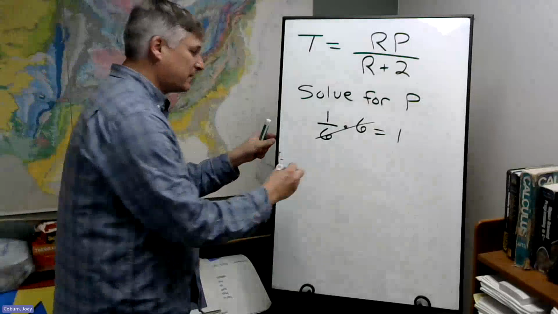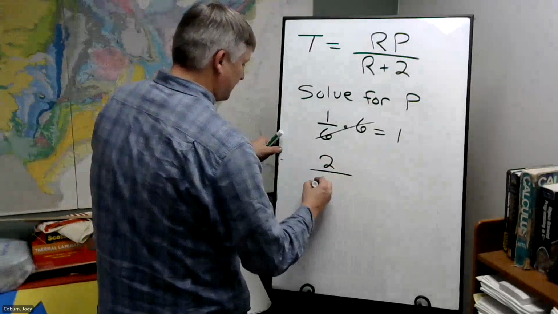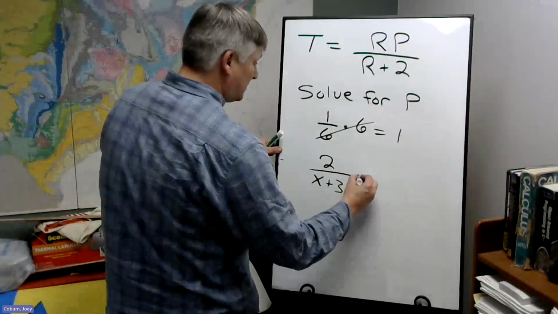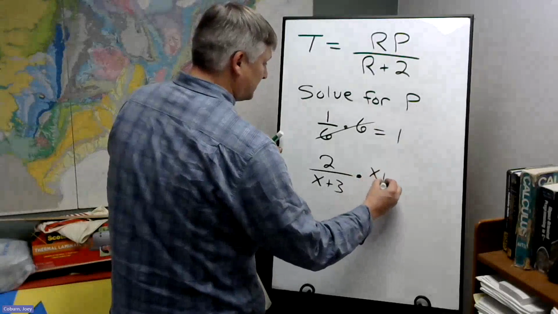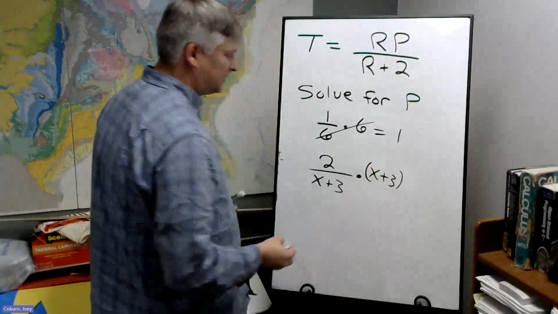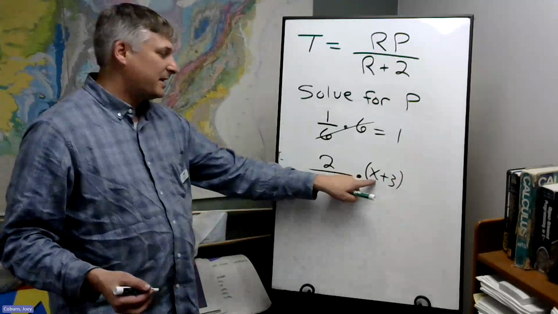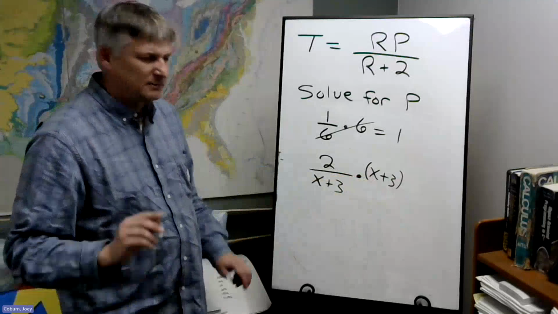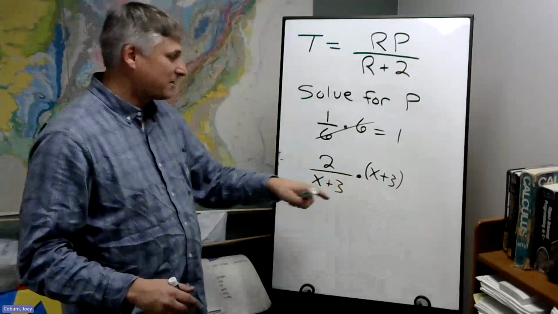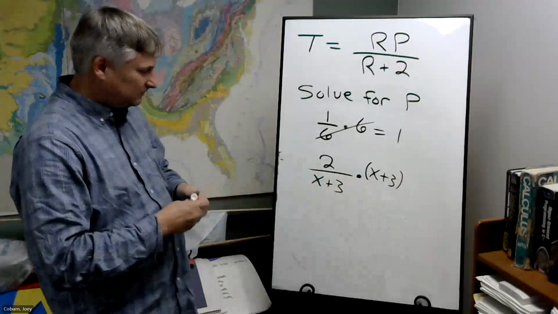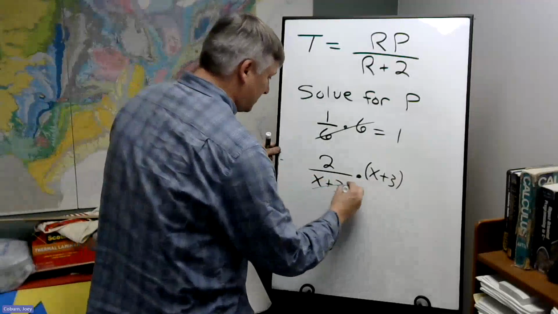The same thing with variables. If we have 2 over x plus 3 and we multiply by x plus 3, put this in parentheses, so it looks like it's multiplying by x plus 3 and not times x, and then after that you add 3. We want to multiply by the entire thing all at once. We would say the same thing. Those cancel.